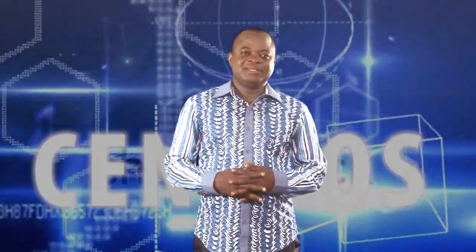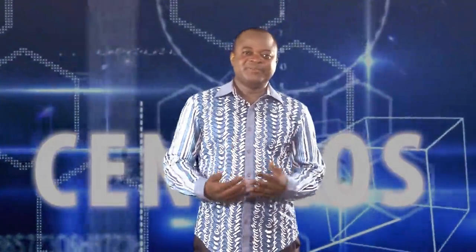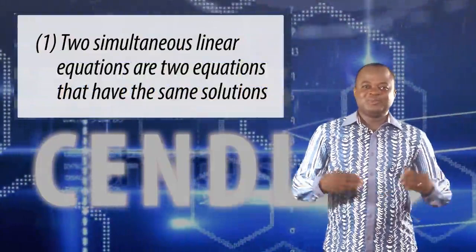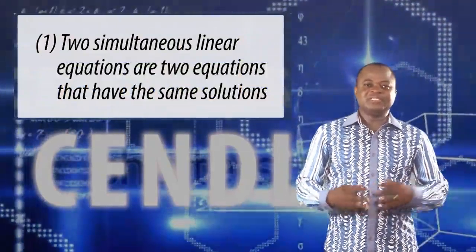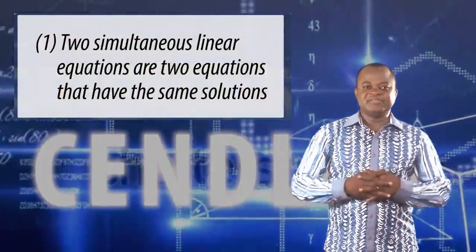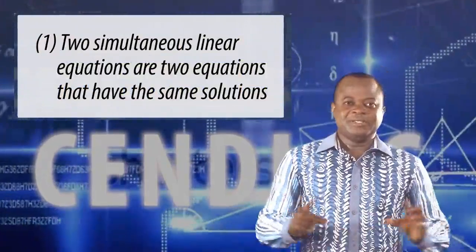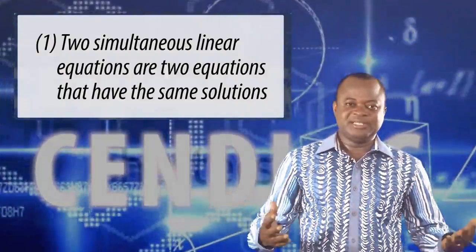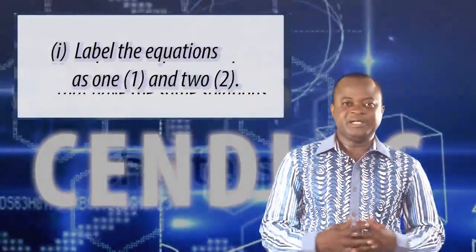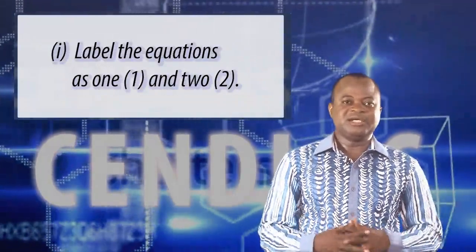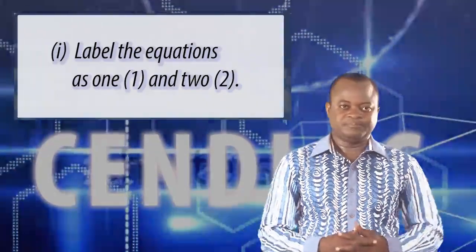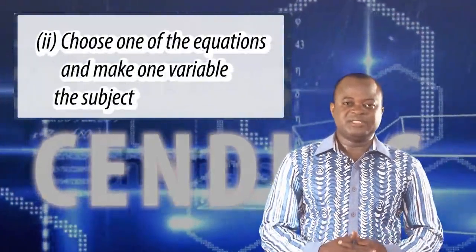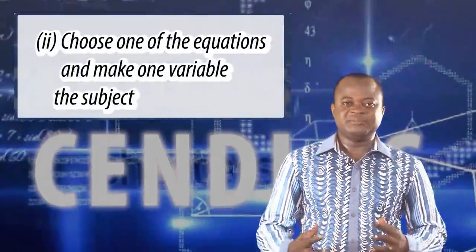Brilliant. Let's take a quick look at what we have done today. We said two simultaneous linear equations are two equations that have the same solutions. In the method of substitution, we follow these steps. I. Label the equations as 1 and 2. II. Choose one of the equations and make one variable the subject.